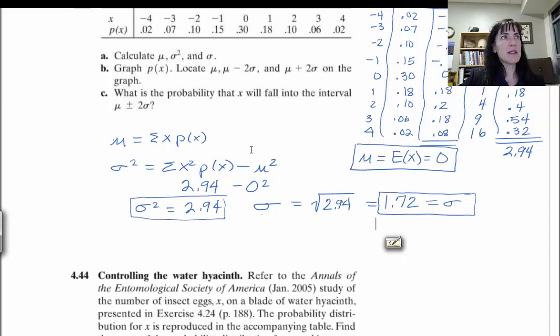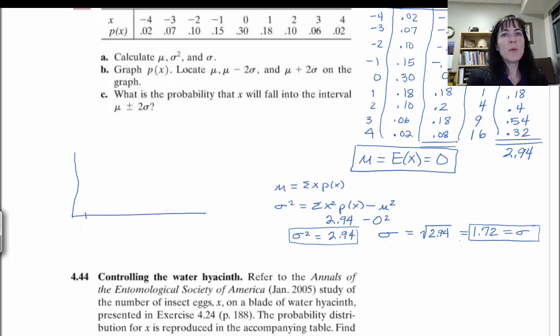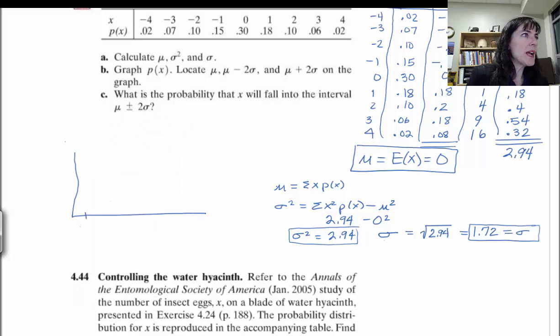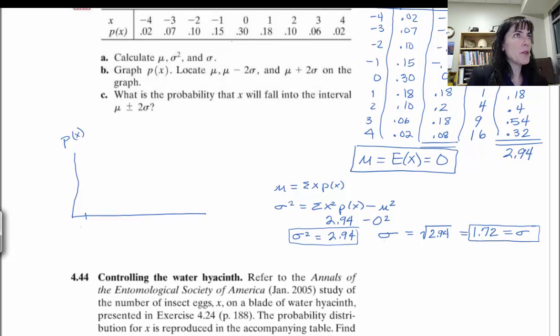Graph P of x. Locate mu, mu minus 2 sigma, and mu plus 2 sigma on the graph. So when I go to graph the probability of x, the y-axis is the probabilities of x. I need to go on the probabilities between 0.02 all the way up to 0.3.